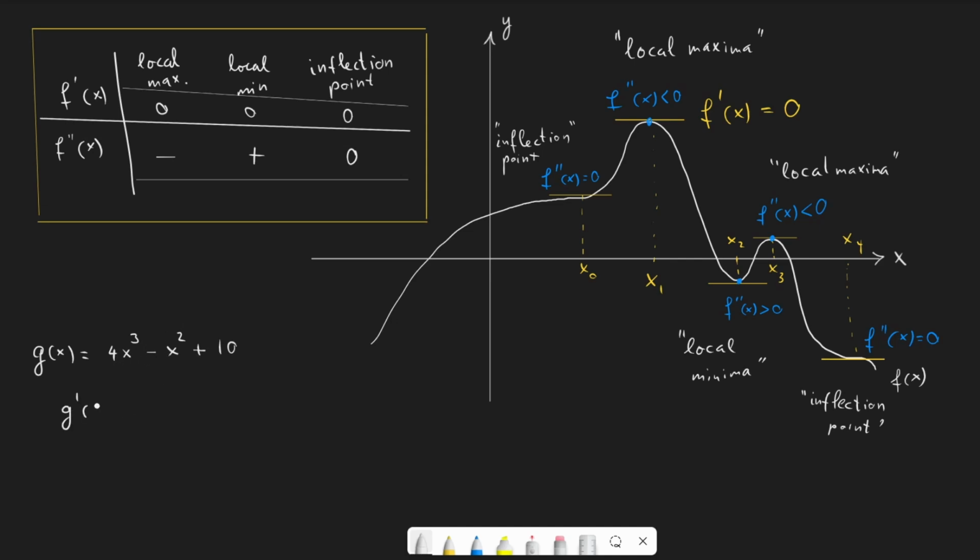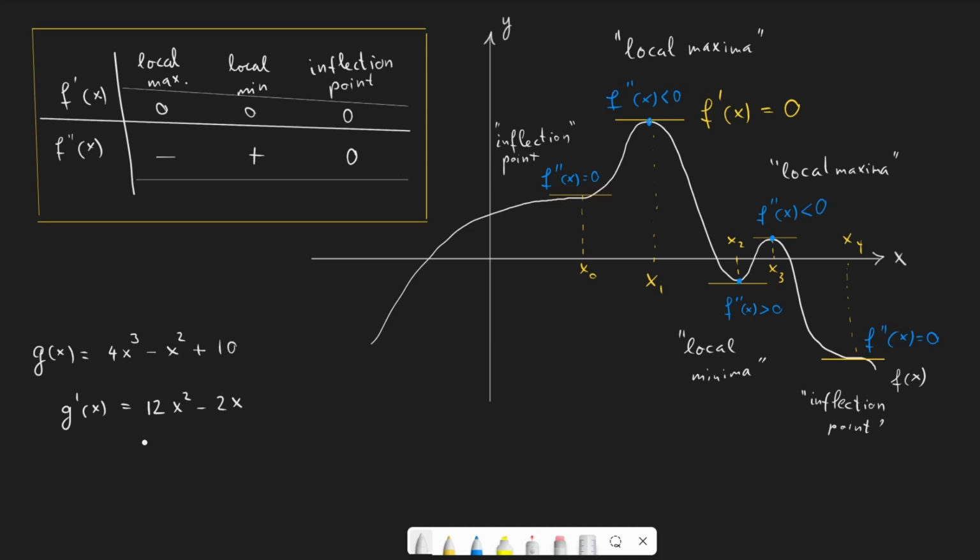First we should calculate the first derivative of the function. The derivative we can calculate with the numerical approximations with epsilon, but if you know the derivative rules, then you can also use that. So the derivative will be 12x squared minus 2x.